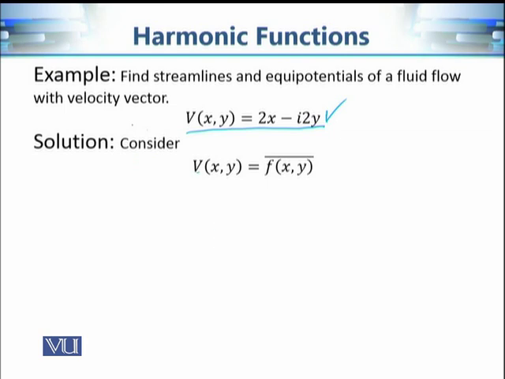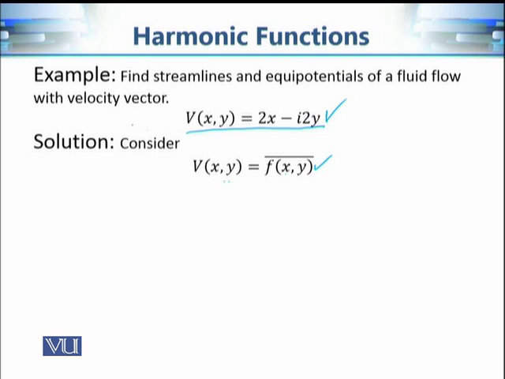Now consider v of xy is equal to f of xy. Remember, we need to find this small f of xy, and then we integrate this function f to find the capital F, and then the real and imaginary components of that capital F give us the potential and the streamline function.